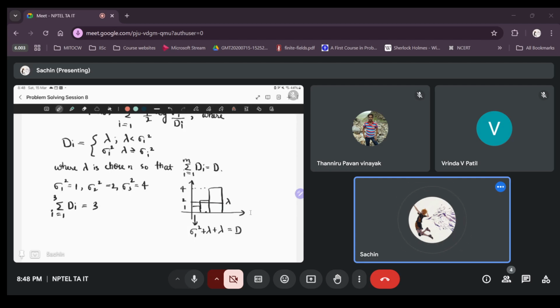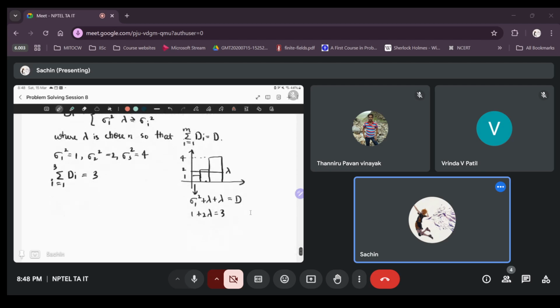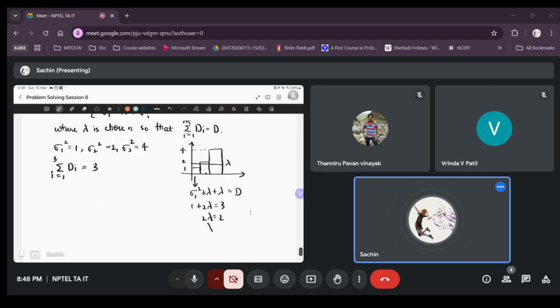This is equal to D, in which case sigma 1 square is 1, and 1 plus 2 lambda is equal to 3. So 2 lambda is equal to 2. Lambda is equal to 1. So this is possible because this 1 lies between the two levels 1 and 2. So lambda equals 1.